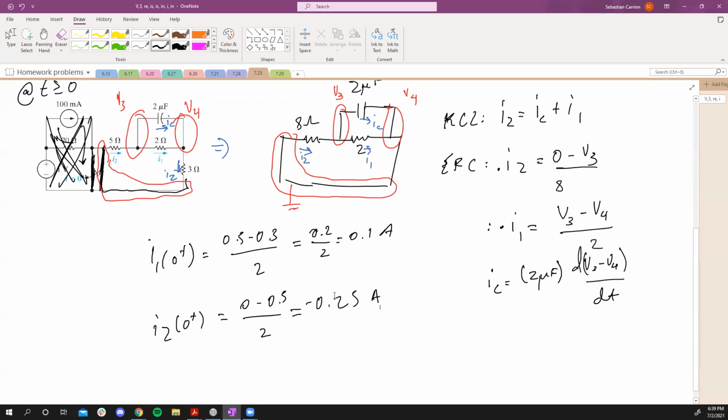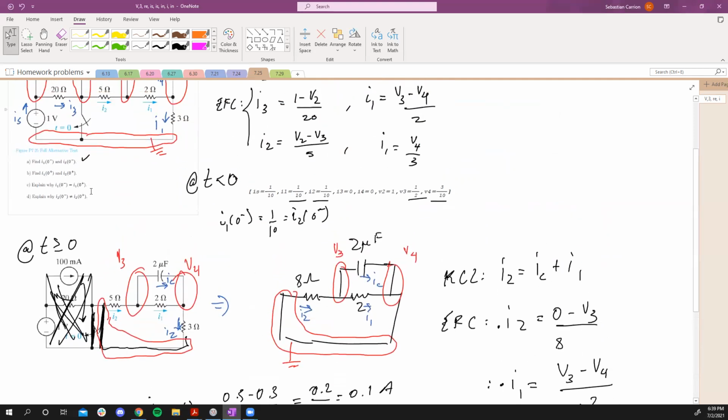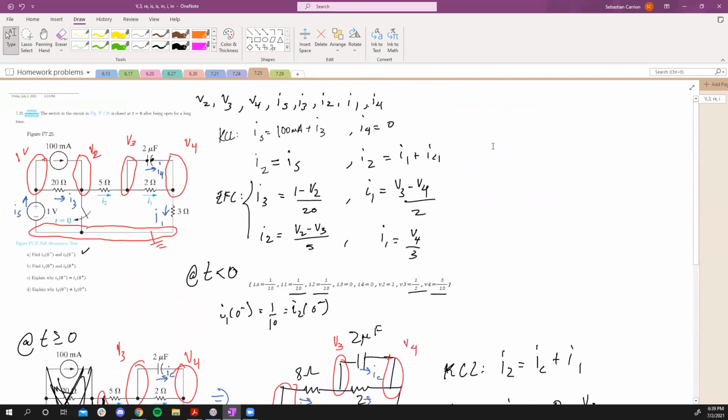Then for part C, explain why I1 at 0 minus equals I1 at 0 plus. These equal each other because this capacitor acts as an open circuit, so there's no current going here. That's why they equal each other, so I2 equals I1.